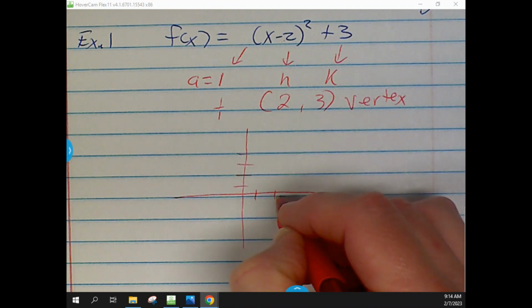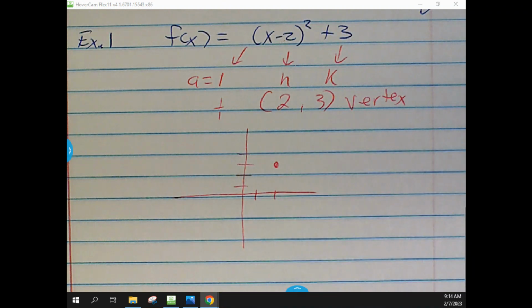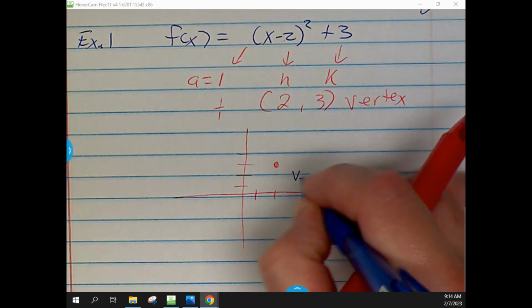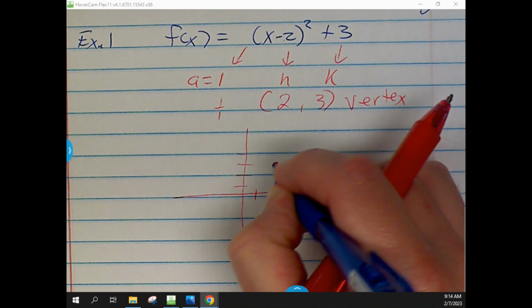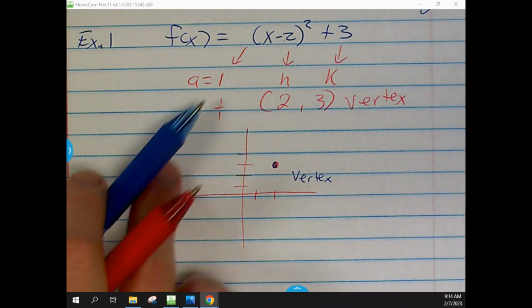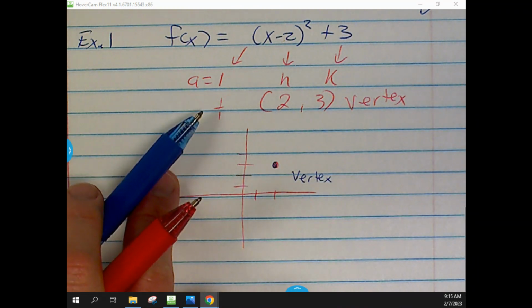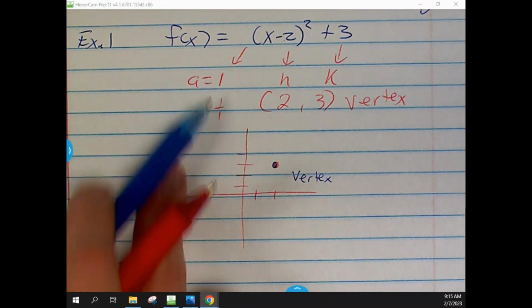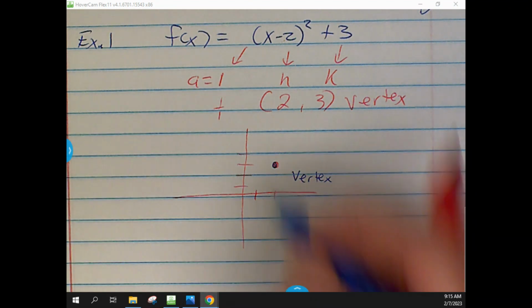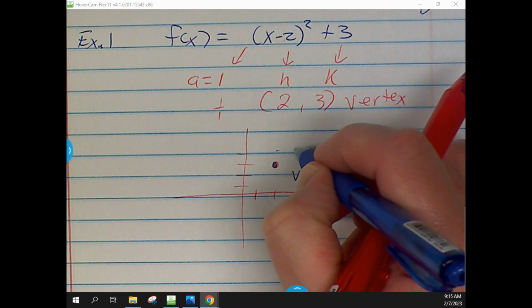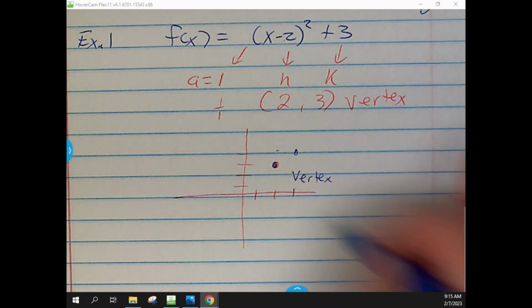So we're going over 2 and then up 3 to put a point right here. And that's our vertex. And as long as this a value is a whole number, you can always just do this number over 1 to kind of cheat and get to the next point. So from here, we can go up 1 and over 1 to get our next point, right there.